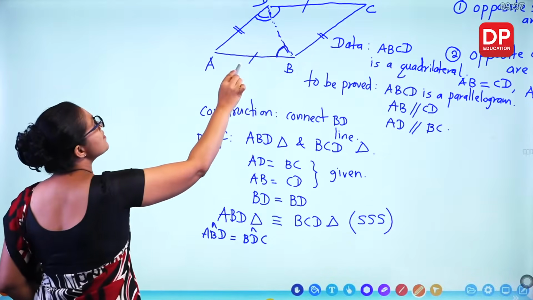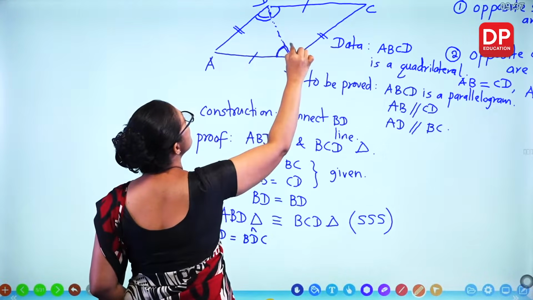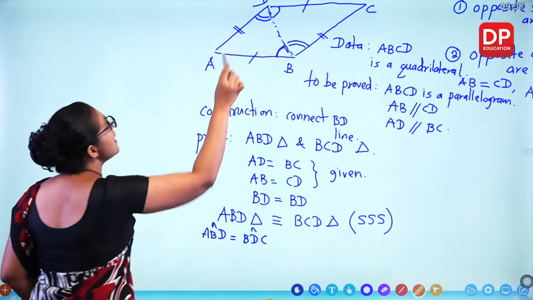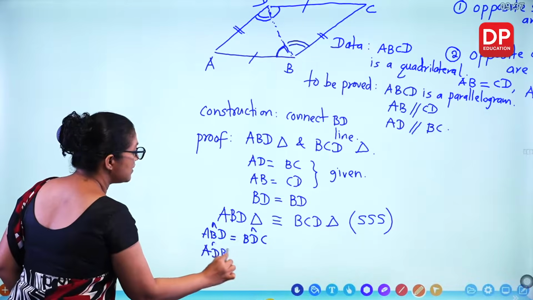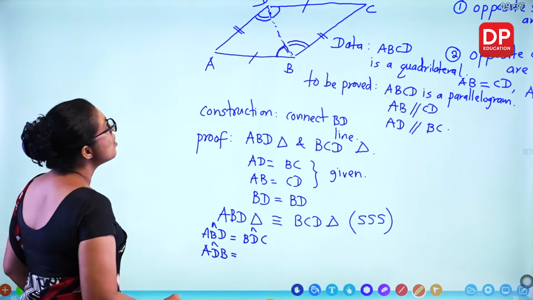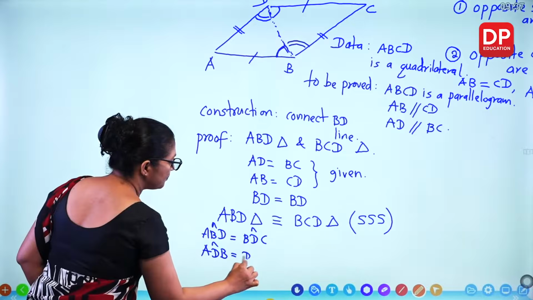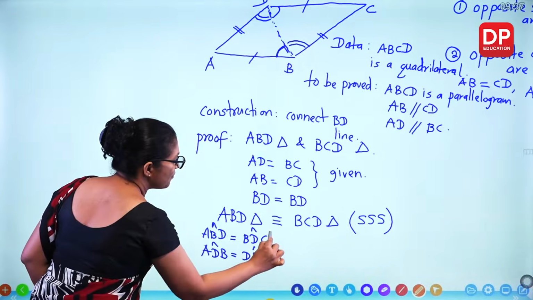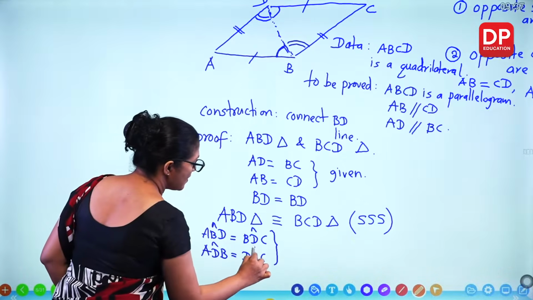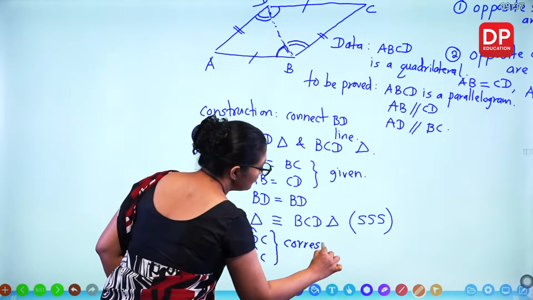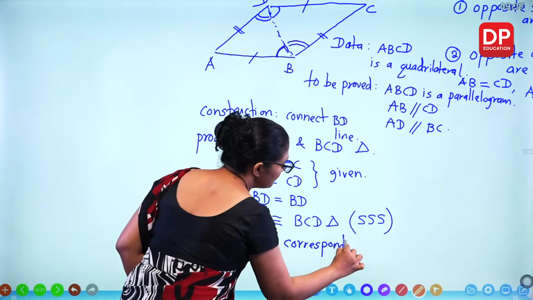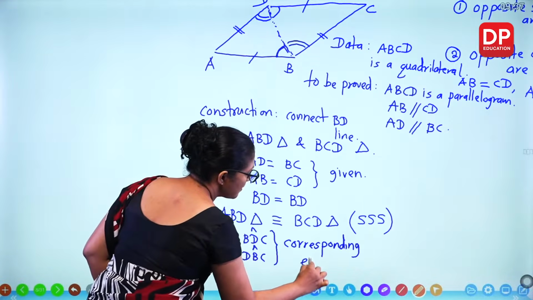This angle opposite to this line is equal to this one. Angle ADB is equal to angle DBC. What's the reason? Corresponding elements.